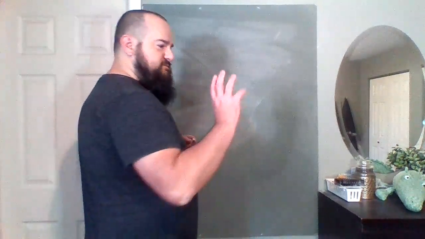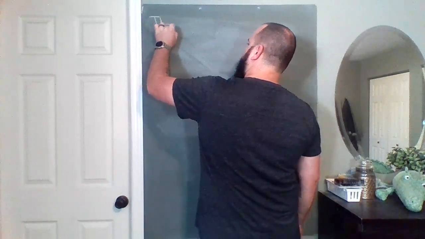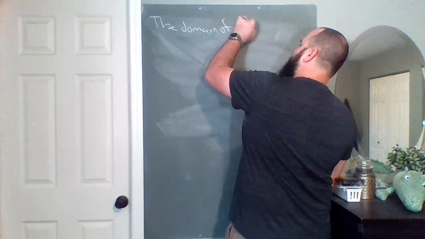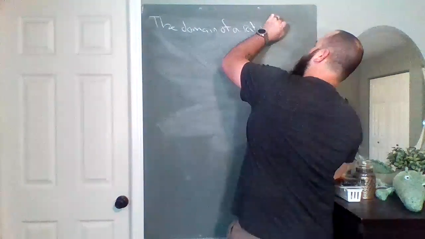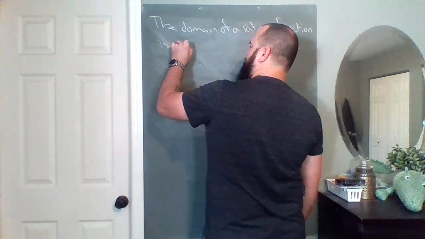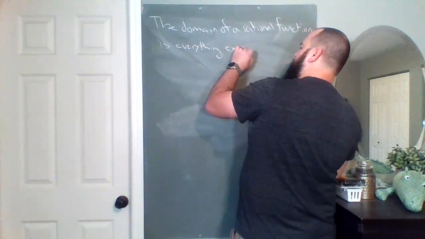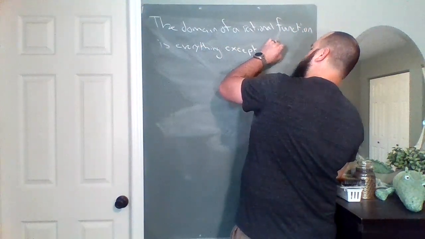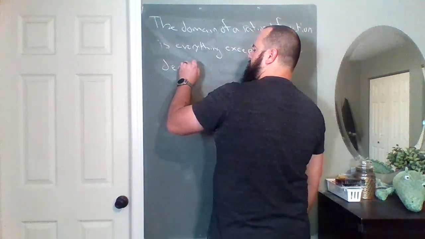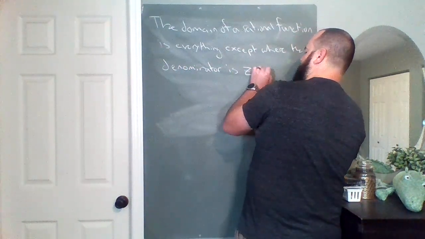And so we can put this all together and we can say that the domain of a rational function is everything except where the denominator is 0.